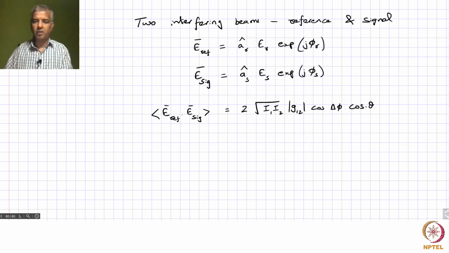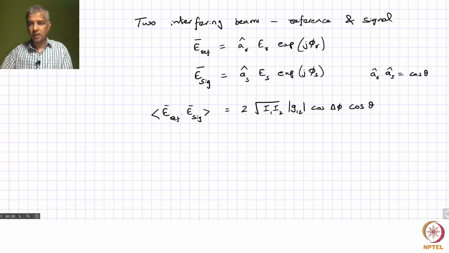So, why do we have cos theta? It is because of the fact that A_R dot A_S, let us say for simplicity both of these correspond to some linear polarization, the dot product of these two unit vectors would correspond to cos theta. What that tells you is when both the polarizations are aligned, you have this dot product giving rise to 1.